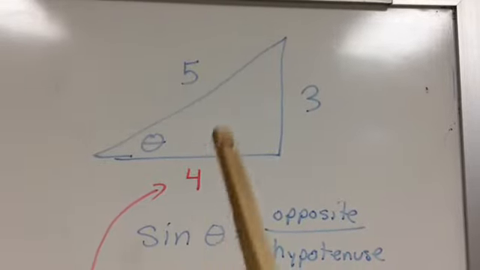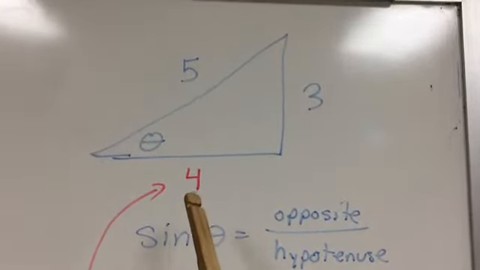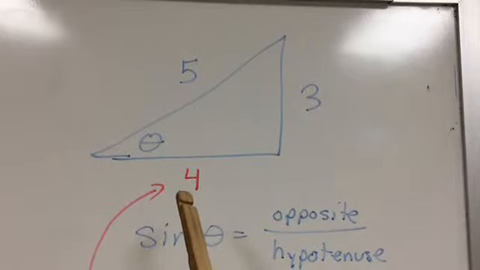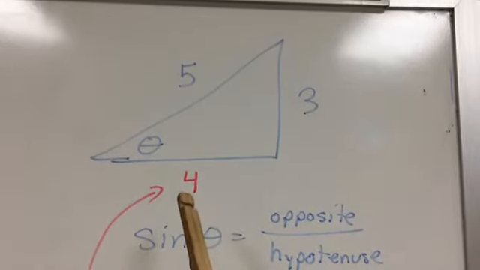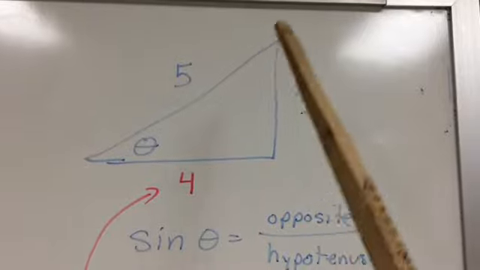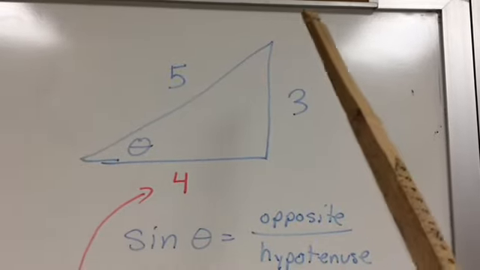Therefore, by the Pythagorean theorem, we can find the remaining side by using a squared plus b squared equals c squared, where c squared must be the hypotenuse.